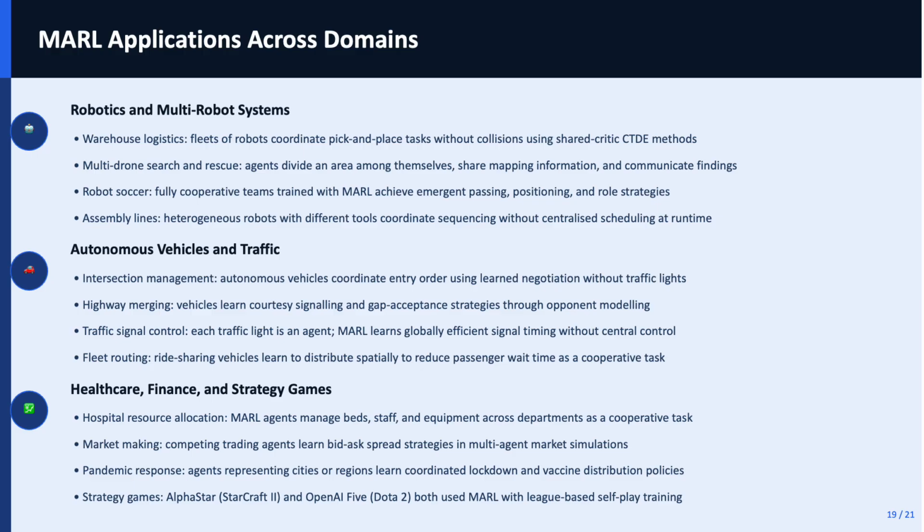Fleets of autonomous mobile robots in Amazon and Ocado warehouses coordinate item retrieval using learned multi-agent policies that adapt to changing inventory layouts and variable numbers of active robots on the floor at any given time.